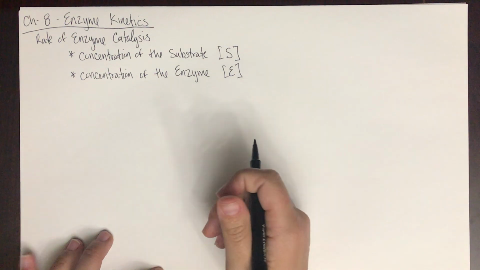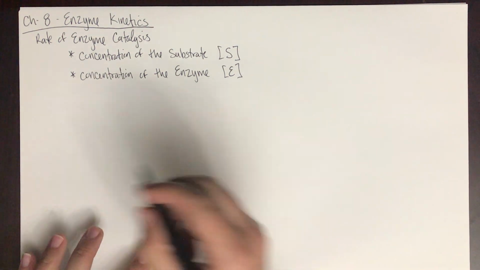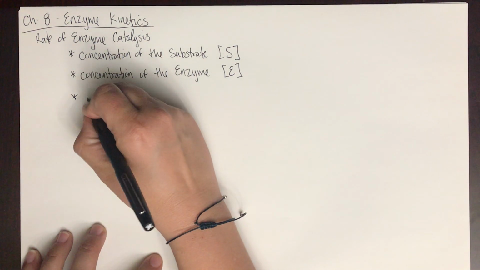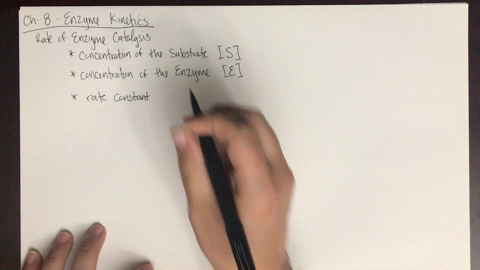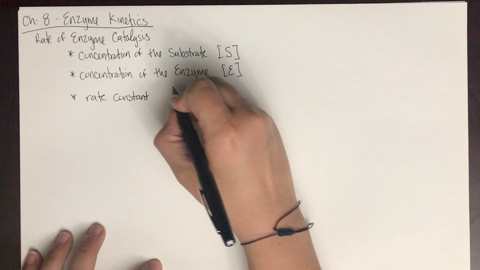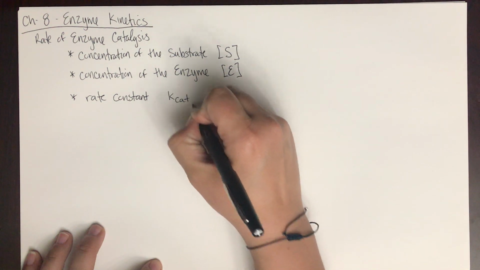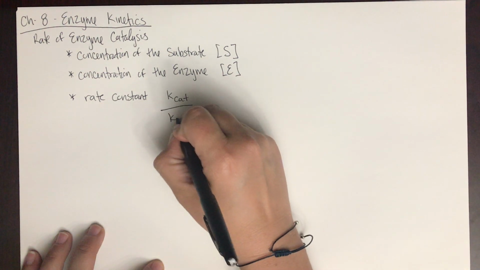The third thing that enzyme catalysis depends on is something called the rate constant. And the rate constant is something called Kcat over Km.